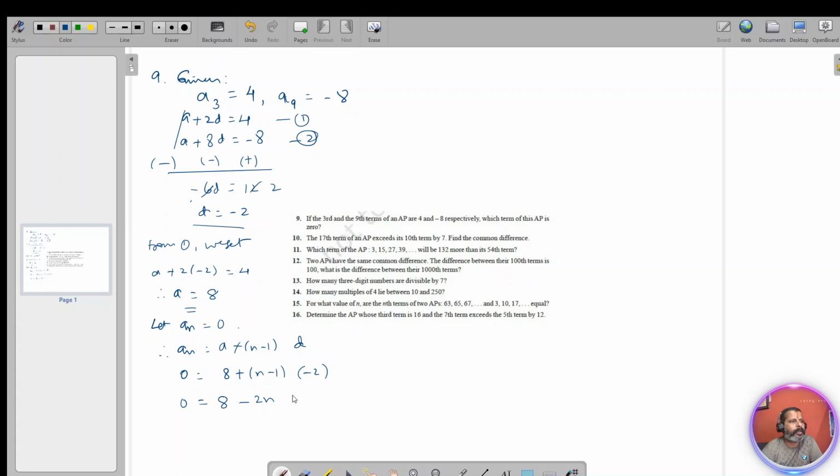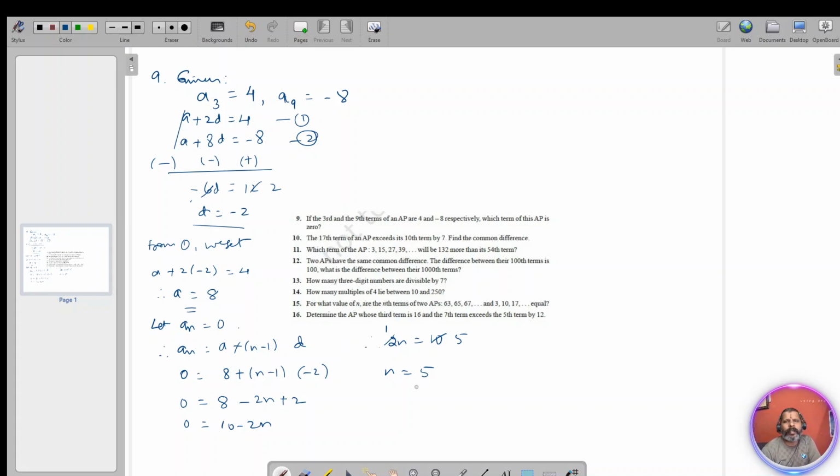Minus into minus is plus 2. Therefore 0 is equal to 8 plus 2 is 10 minus 2n. Therefore you transpose minus 2n to the left side, it becomes plus 2n, 10 stays there itself, 2n is 10, n is equal to 5.